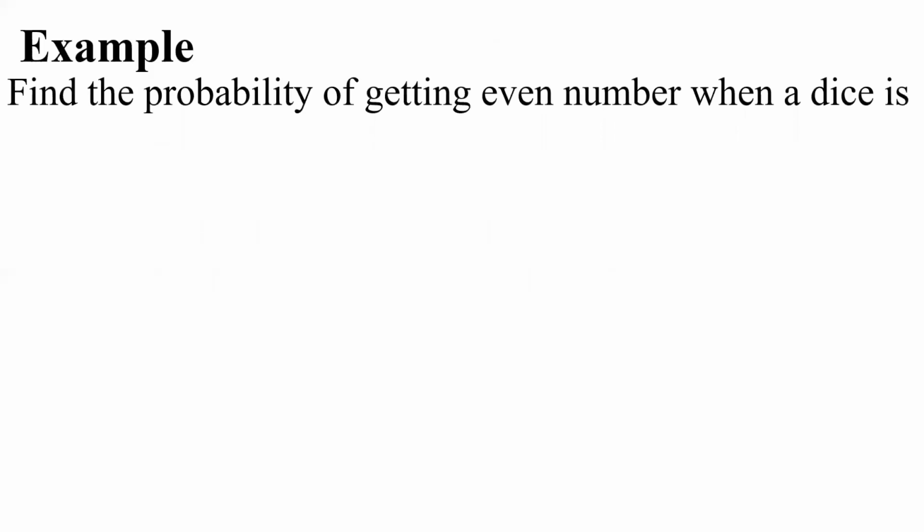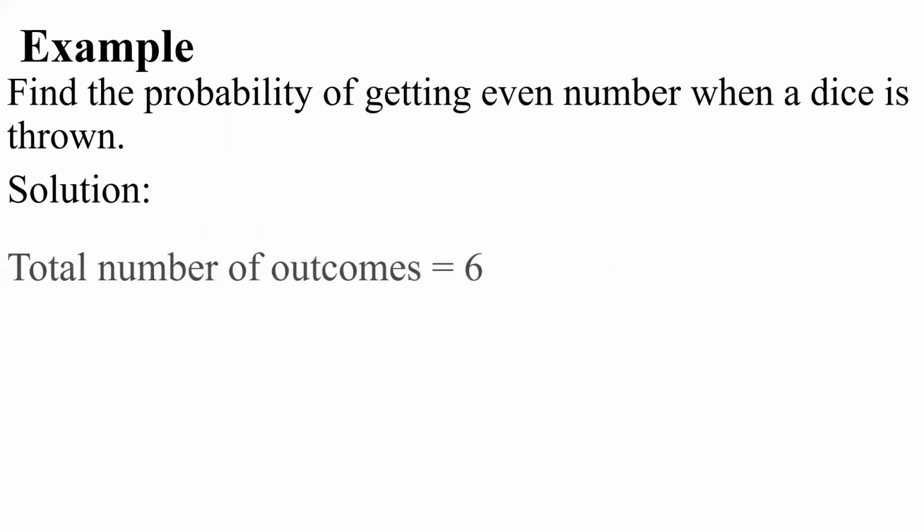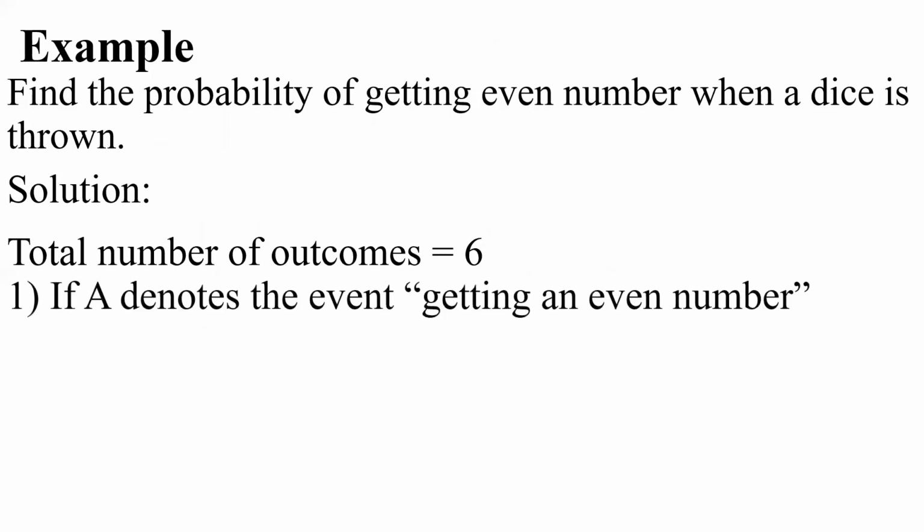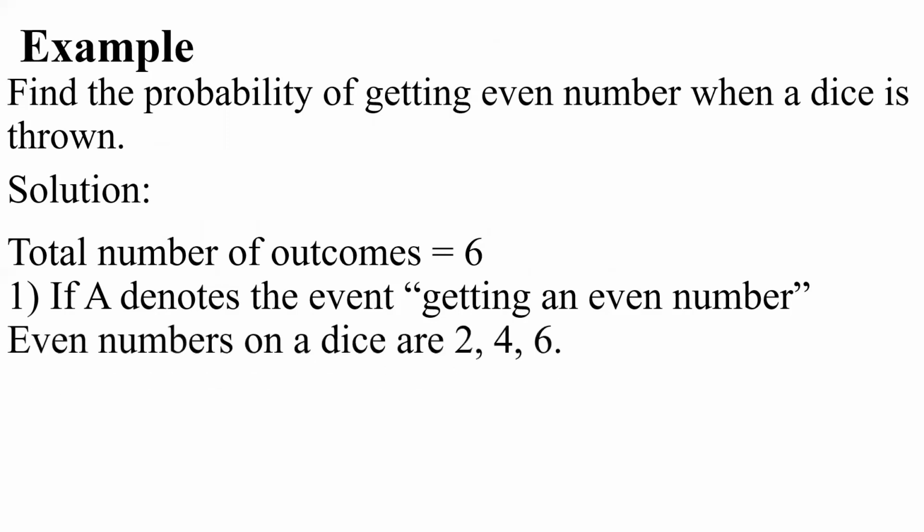Example, find the probability of getting an even number when a dice is thrown. So here the total number of outcomes is 6 because there are 6 numbers marked on the 6 sides of a die. If A denotes the event getting an even number, then even numbers on a dice are 2, 4 and 6.